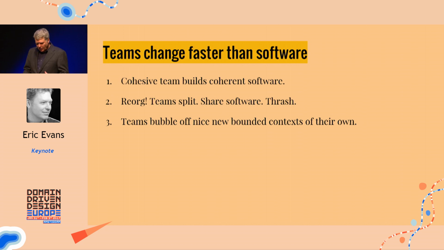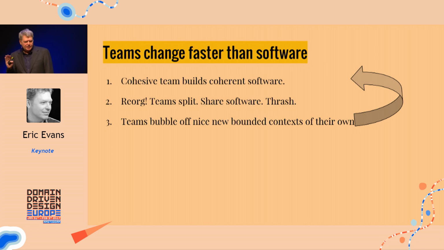So we hopefully at some point create a bubble context, as I sometimes call it, where we have an anti-corruption layer that protects it from the other system, and we start developing fresh. And so we're back to the cohesive team working in a nice, coherent context. And then, of course, the cycle repeats over and over.